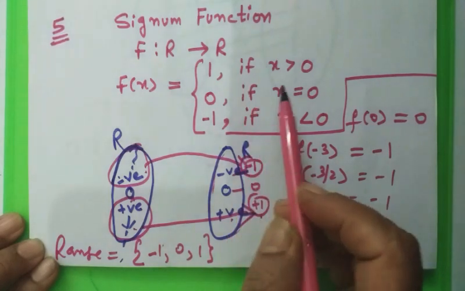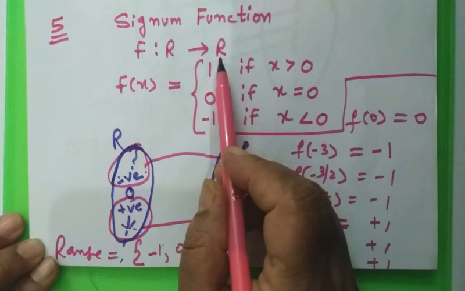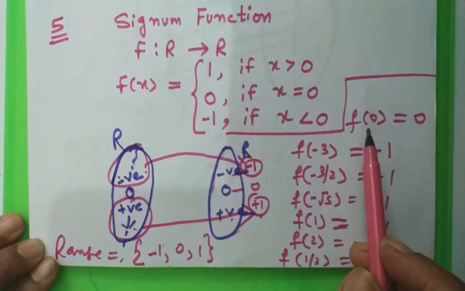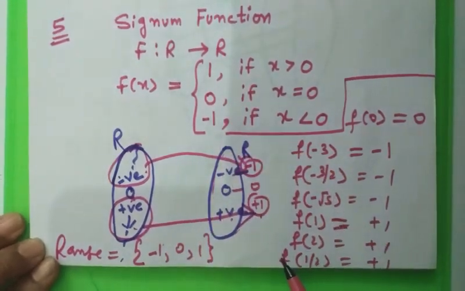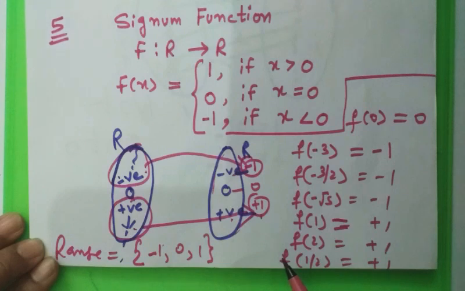And what is the codomain? The codomain of this function is the whole set of real numbers. So one more way of checking is that when range and codomain are not the same, then also the function is not onto. Why are they not the same? Because only these elements have pre-images. Range is a subset of codomain, and only those elements of codomain which are in the range have pre-images, and no other element has a pre-image, and therefore the function is not onto.